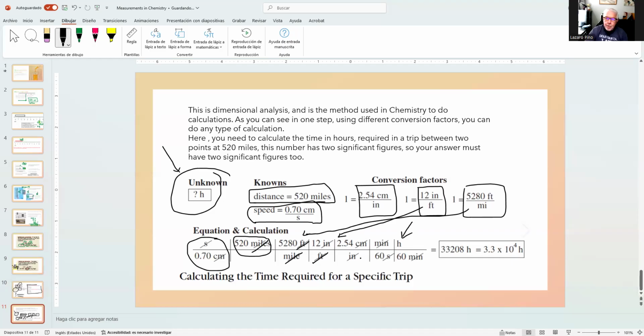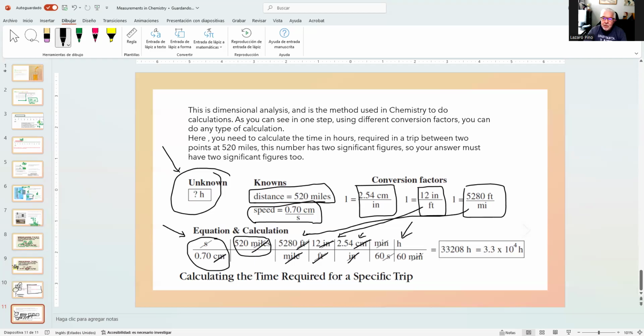But I can cancel inches with inches in order to get the answer in centimeters. And now I can cancel centimeters by centimeters, and my answer is in seconds. But still, I don't need seconds. I need my time in hours.